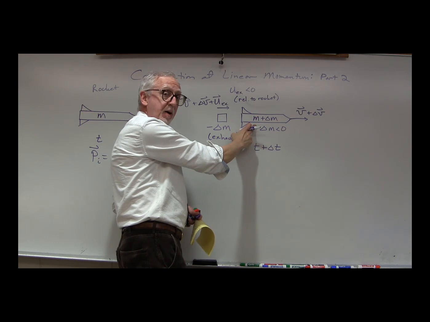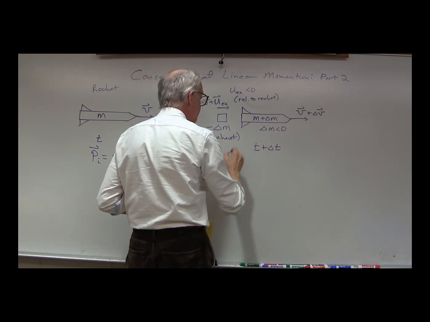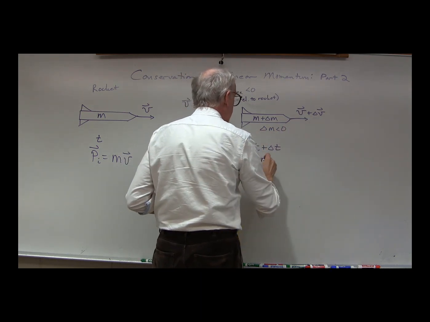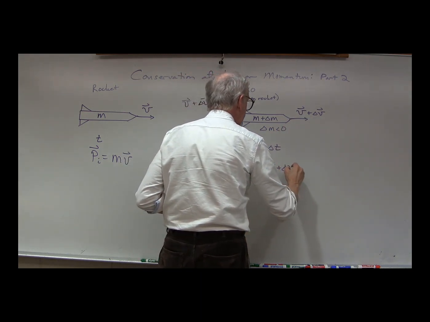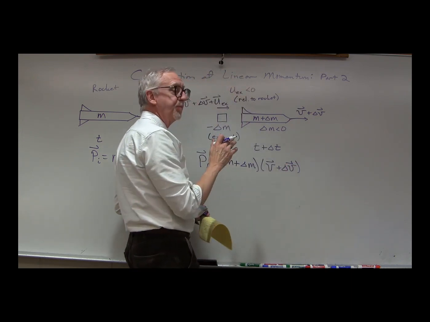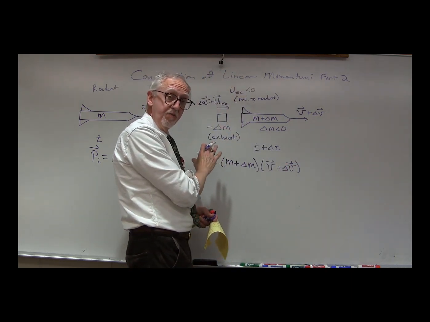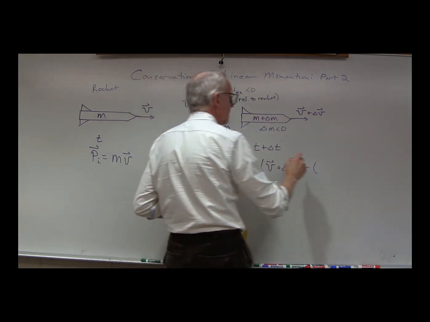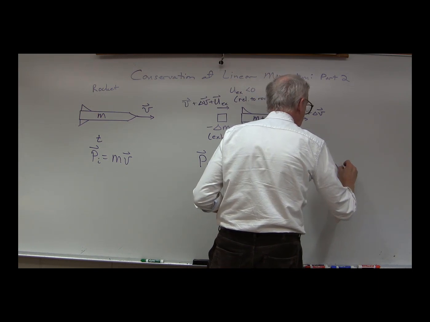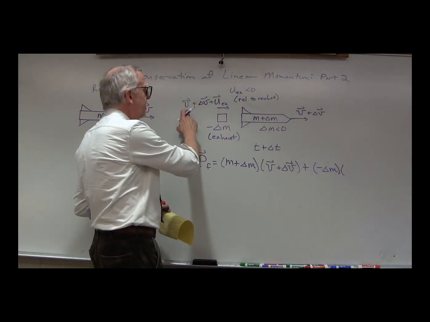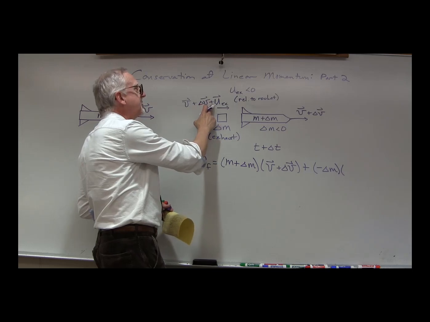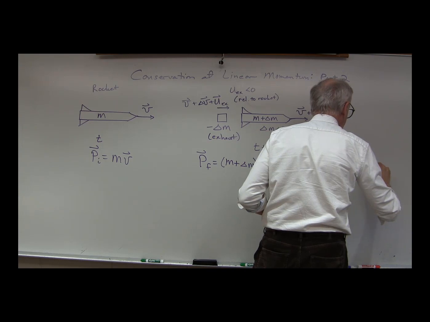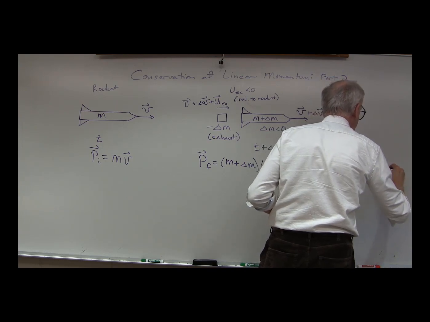The final momentum of the rocket is its mass, m plus delta m, times its velocity, v plus delta v, plus the momentum of the exhaust. That is the mass of the exhaust, which is minus delta m, times the velocity of the exhaust, which is v plus delta v plus u exhaust.